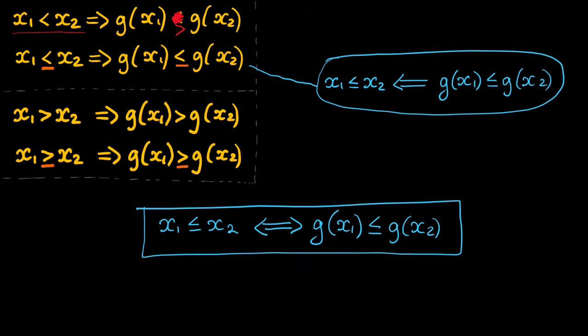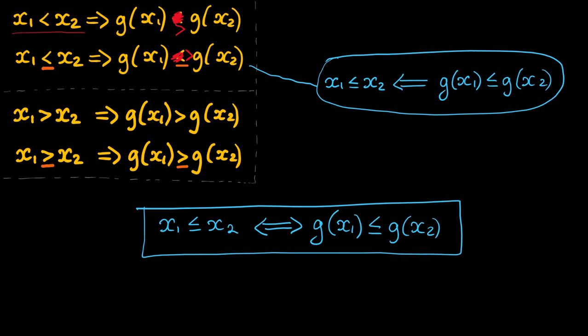Now, the strict inequality, like before, implies the weak inequality. So this second one is implied by the first one, but we need to change this less than to greater than. So we have that x1 is less than or equal to x2. That implies, given knowledge that g is strictly decreasing, that g of x1 will be greater than or equal to g of x2.